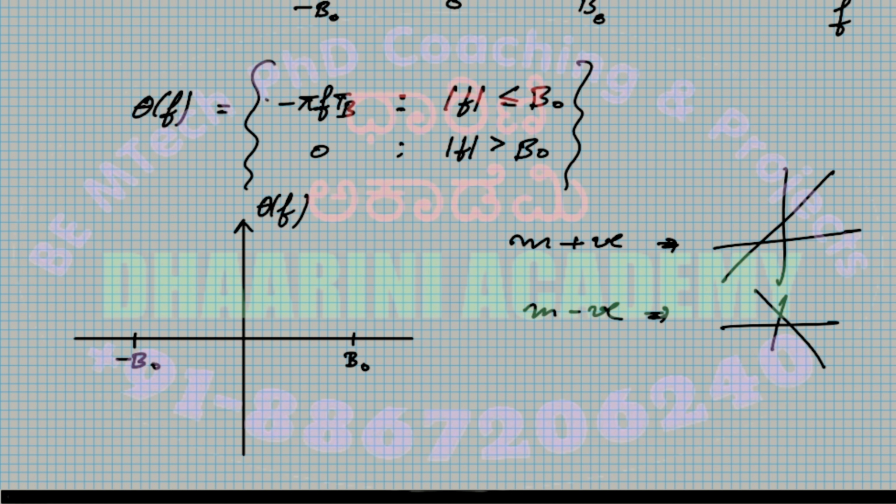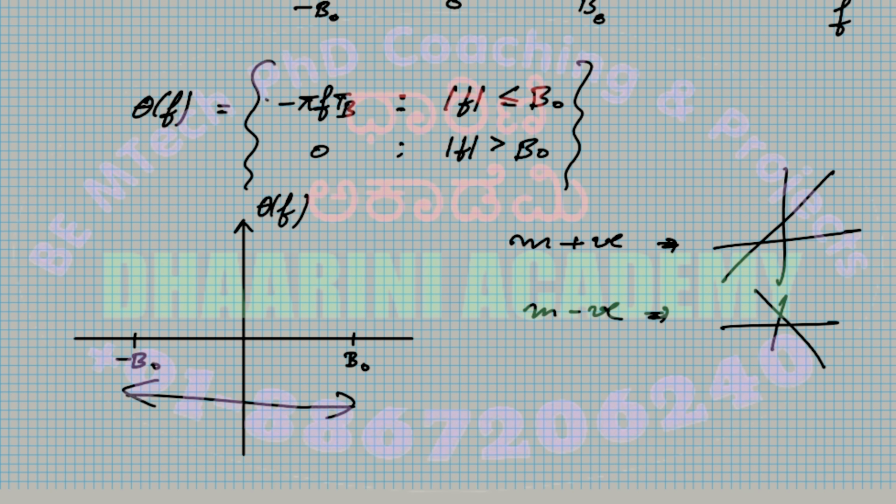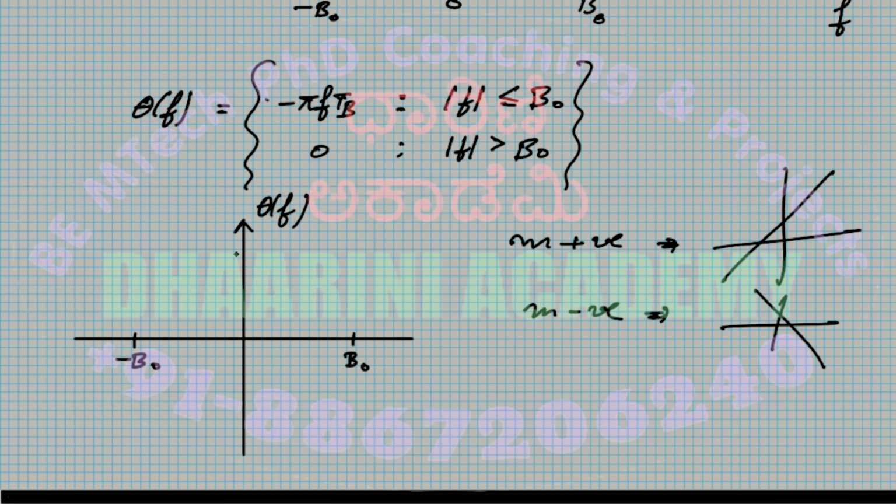Minus of minus becomes positive. And the b naught, whenever I put minus b naught here, is actually half of your total TB. This is the TB, and it's half of that. So it actually becomes minus of minus plus pi by 2. If I call this plus pi by 2, I'll write this as minus pi by 2.